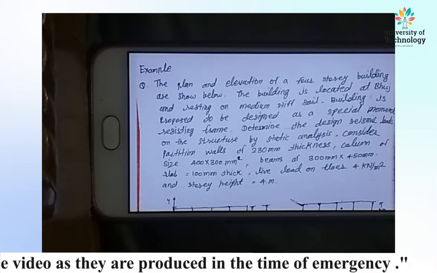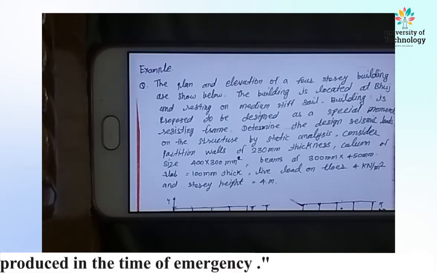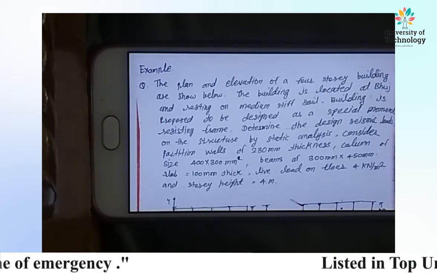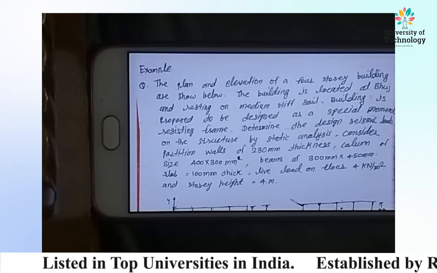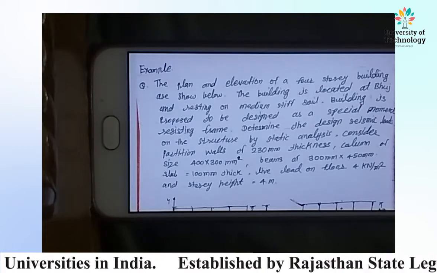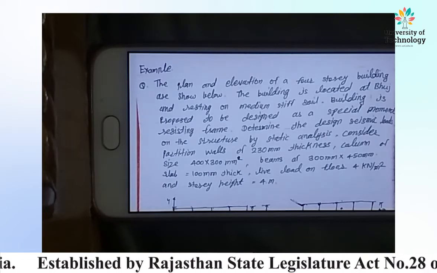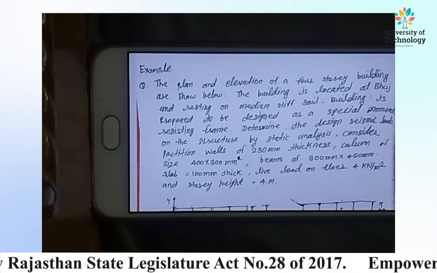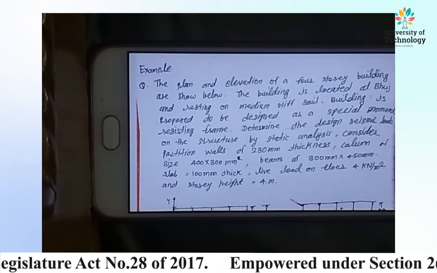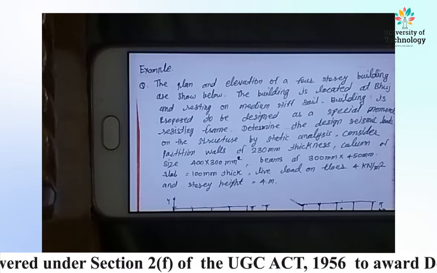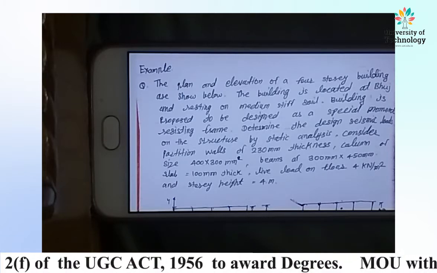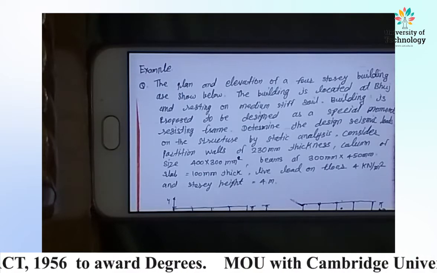Story height is 4 meter each, and the live load is 4 kN per meter square. Beam size is 300 by 450 mm, and column size is 400 by 300 mm. Partition wall thickness is 230 mm, and slab thickness is 100 mm, as shown in the video.